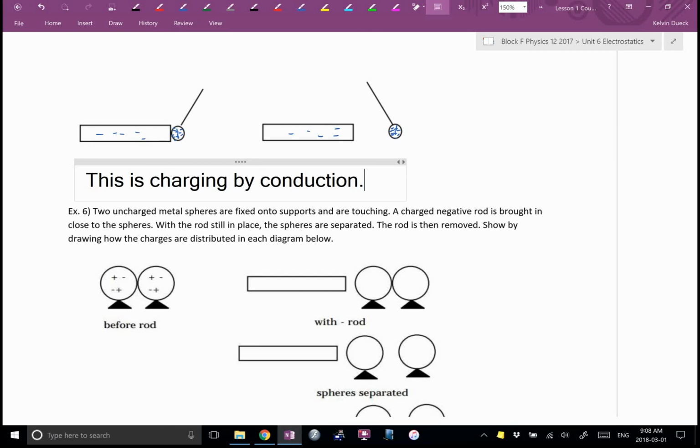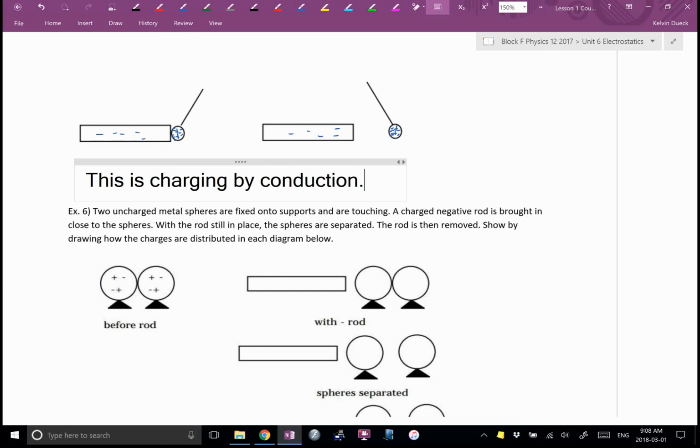It began with the letter I. Okay, you have induction and conduction. The Science 9 textbook, I think, is wrong, because it says when you charge by induction, the charge is not permanent, it's temporary. I disagree. I'm going to show you a way to create permanent charge without ever touching.